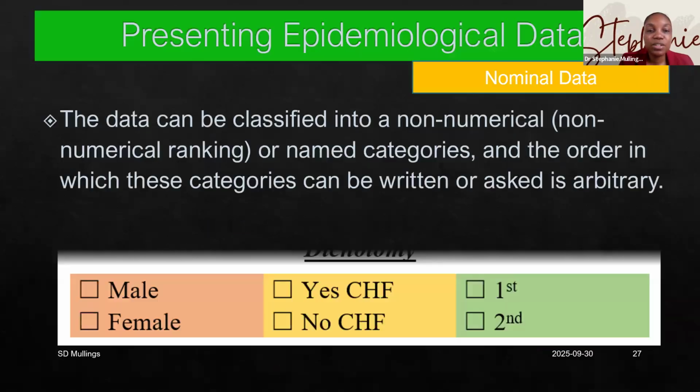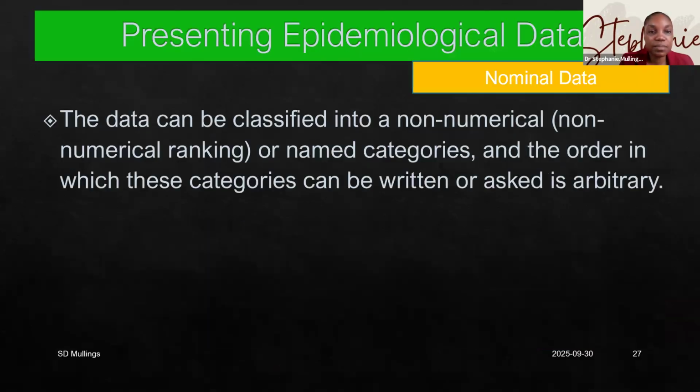we actually utilize things. So in presenting data, we can present it in a nominal form. So we have nominal data. And this data is used to classify or group variables into non-numerical and usually non-numerical ranking. So we are categorizing the data. So we order them in terms of ranking.